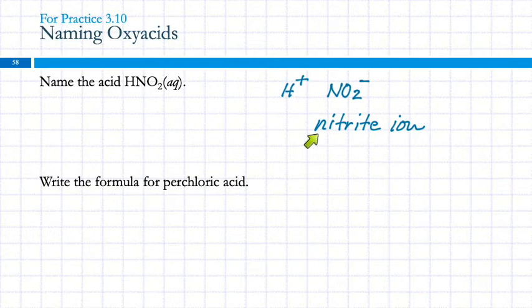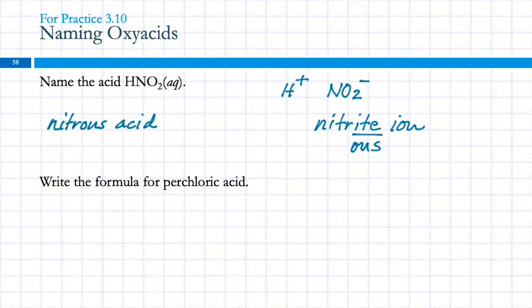So naming this, I'm going to change ite to us. So this is nitrous acid. These are very nice patterns, but you need to take some time to learn the patterns.